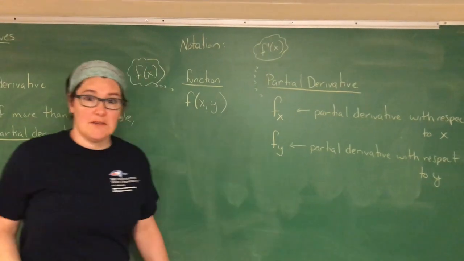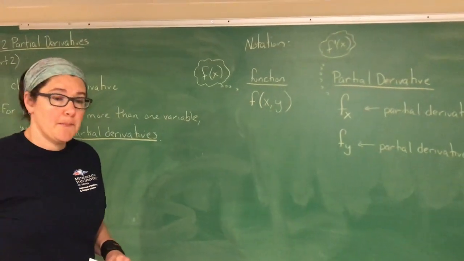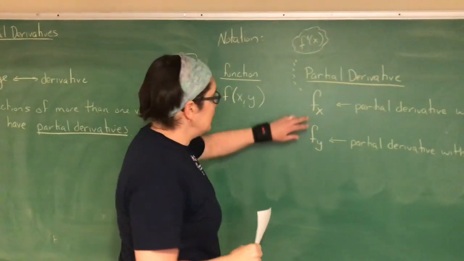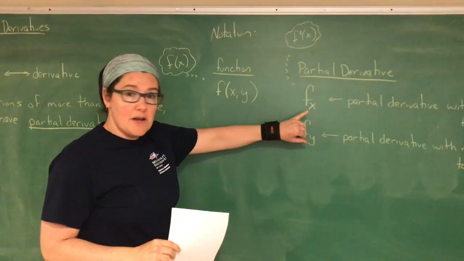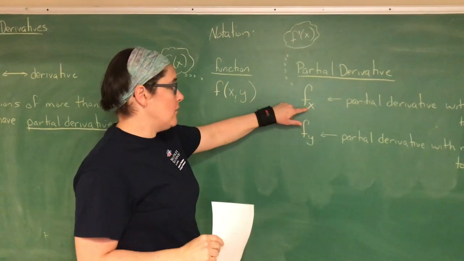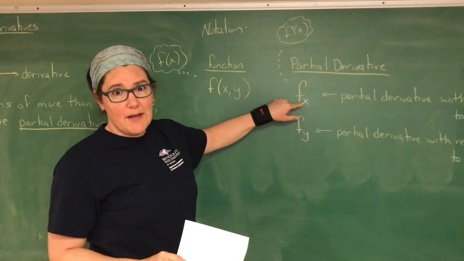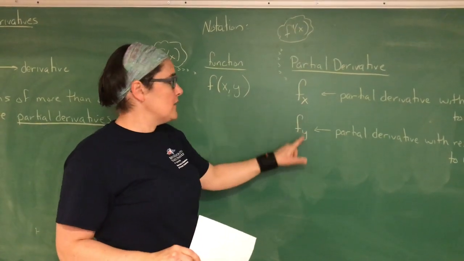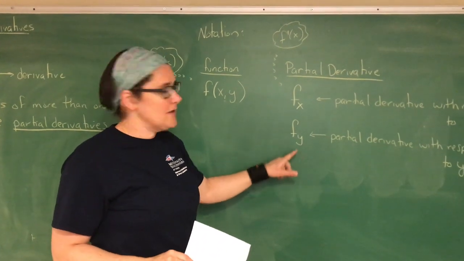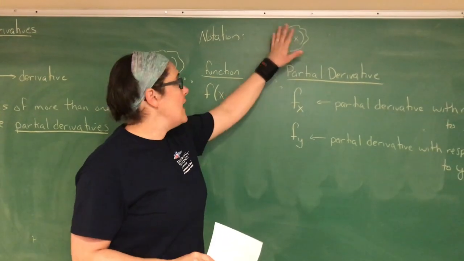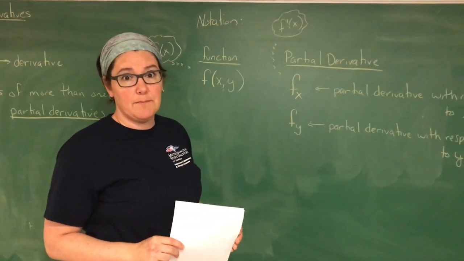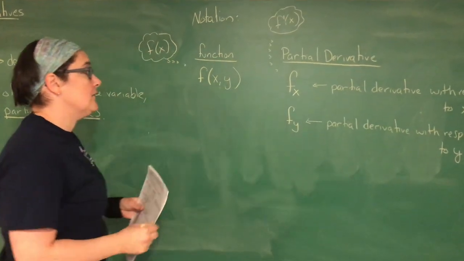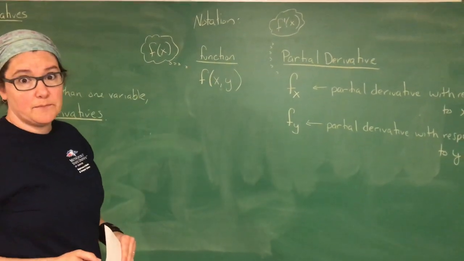We put a prime up next to the f, so it was f prime of x. The difference now is that we have to specify whether we're talking about the first variable x or the second variable y. So I can't just put a prime, I have to put the variable I'm talking about there. And since I'm going to put those as subscripts, I don't bother to put the prime at the top. Okay, so our partial derivatives are f sub x and f sub y.